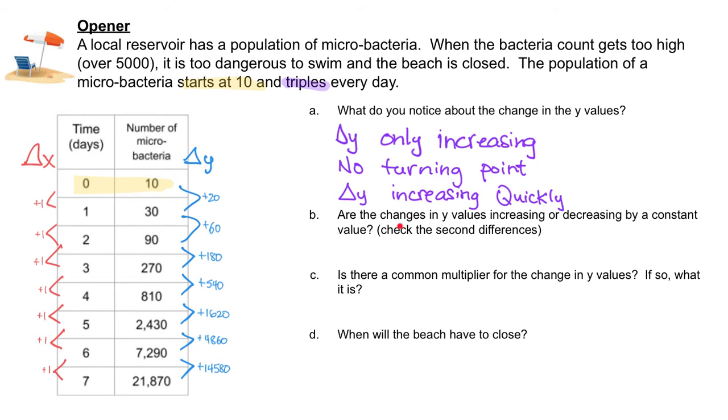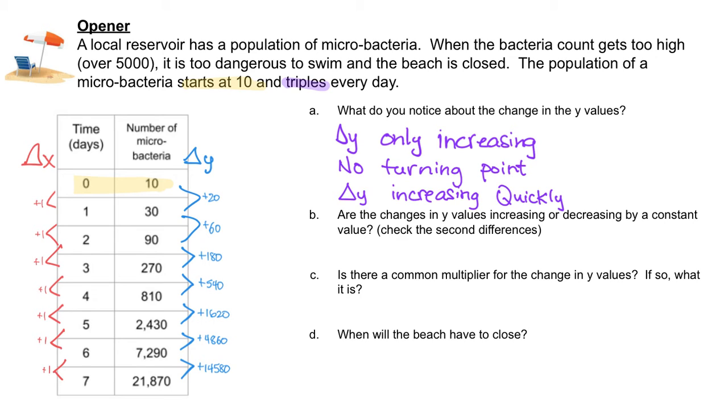So this is getting at this second question, are the change in y values increasing or decreasing by a constant value? This would be checking the second differences. That's what I was just talking about. And we would not expect this to be quadratic, though a table could only show part of it, so it could be, so we want to look.